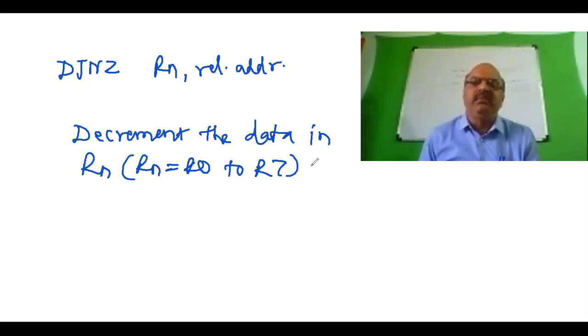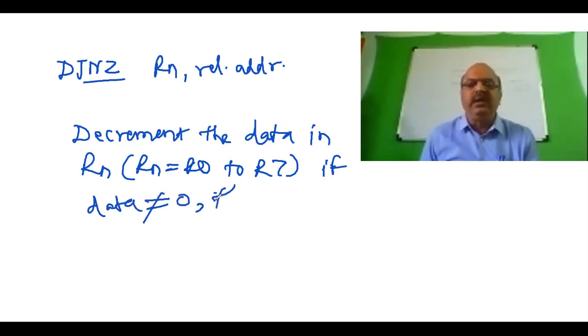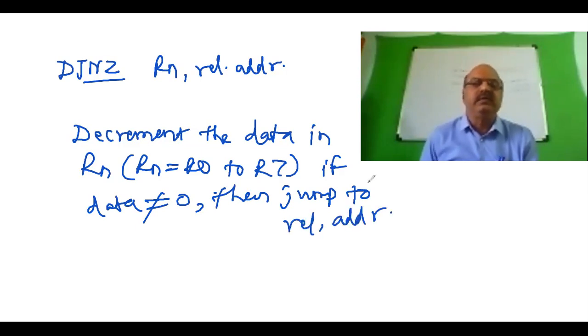Decrement the data in the bank register and jump if not 0. If the data is not equal to 0, then jump to the relative address.